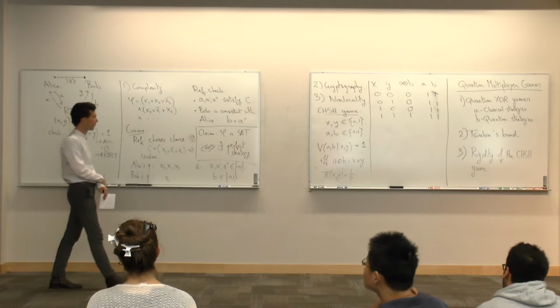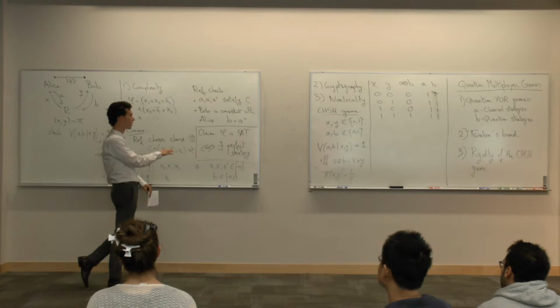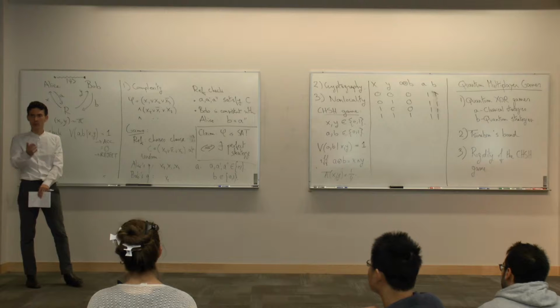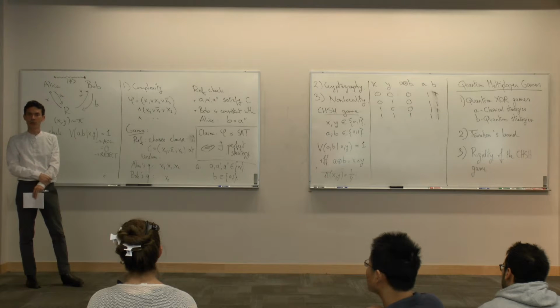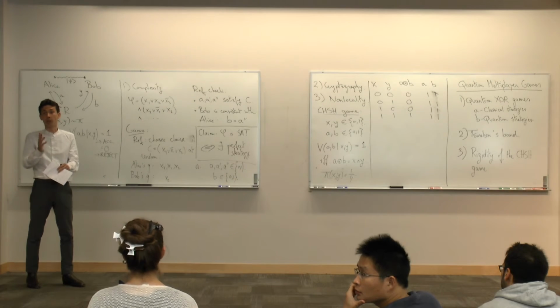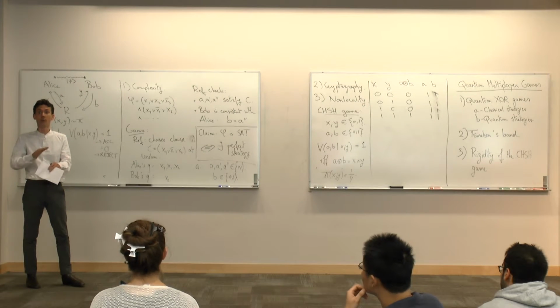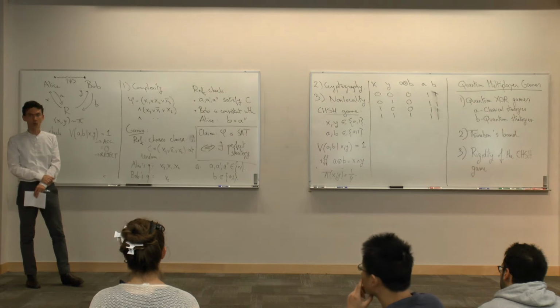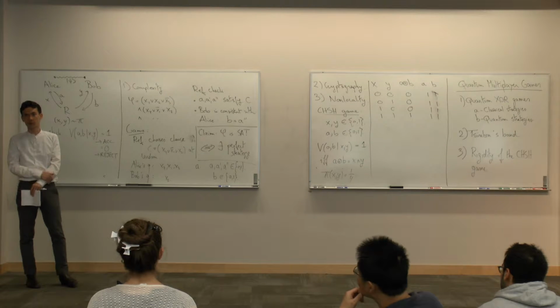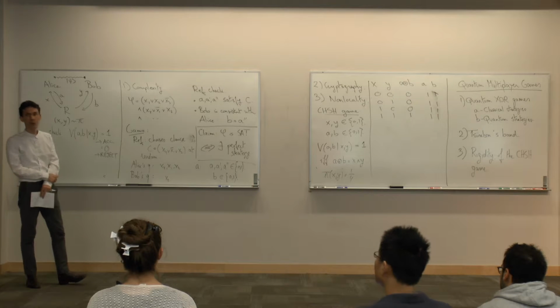So this CHSH game is a game such that the classical players can do 3/4, the quantum players can do 85%, and his question is whether there is some other kind of game where we could have something even more surprising, where the classical players can do 3/4, but the quantum players can win always. The answer is yes, you can achieve this by using either a 3-player game, the GHZ game that I'm not going to discuss, or you can also do it using 2 players.